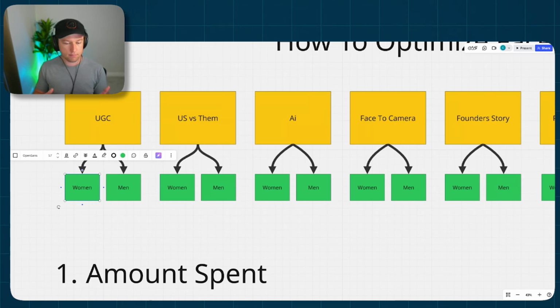We weren't seeing much success with it. The weird thing was, when we changed the avatar from a younger woman to an older woman, it completely blew up. That demo correlated directly and matched the ICP perfectly.